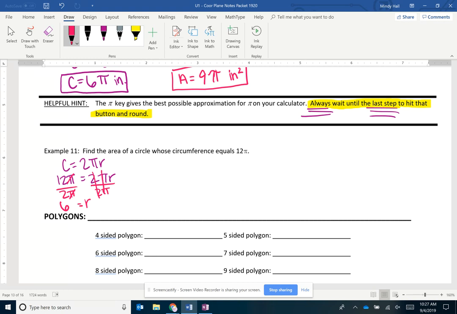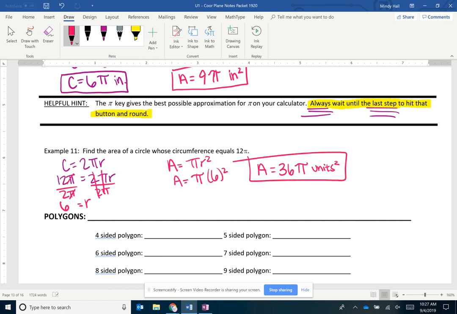So I know my radius is 6. Then I can find my area, because that's pi r squared, and my radius is 6. So area is 36 pi. And we do not have a measurement, so this is just units squared.